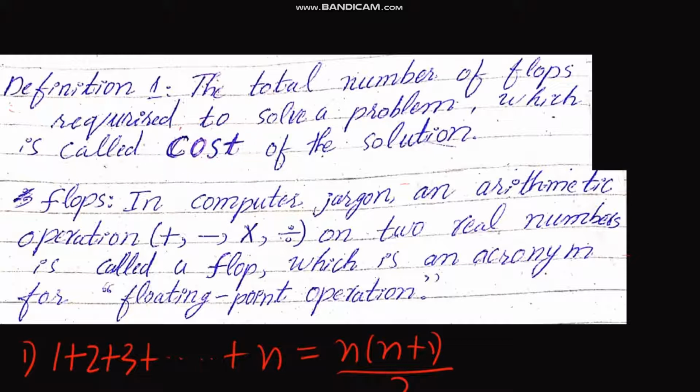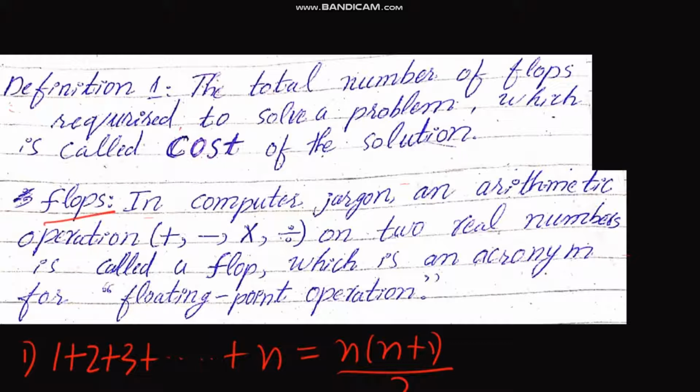Now one can ask what are the flops. Actually, in computer jargon, an arithmetic operation, for example addition, subtraction, multiplication, division, that we use between any two real numbers, is called a flop. So you can say if we use a binary operation between any two real numbers, it is called a flop.